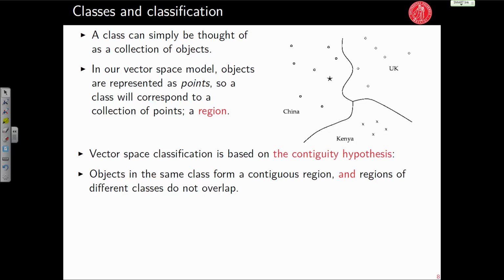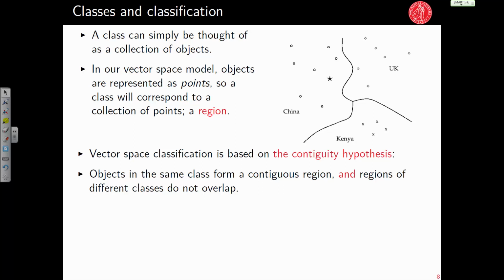And in order to be able to do vector space classification, we're going to have to assume that the contiguity hypothesis holds all the time. What we mean by the contiguity hypothesis is that the objects that belong to the same class form a contiguous region in the space, and the regions of different classes don't overlap.